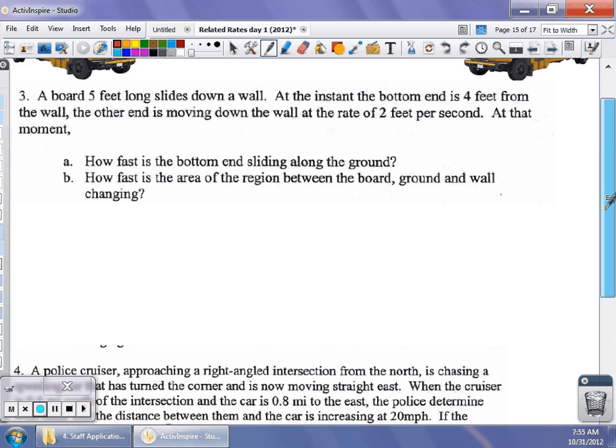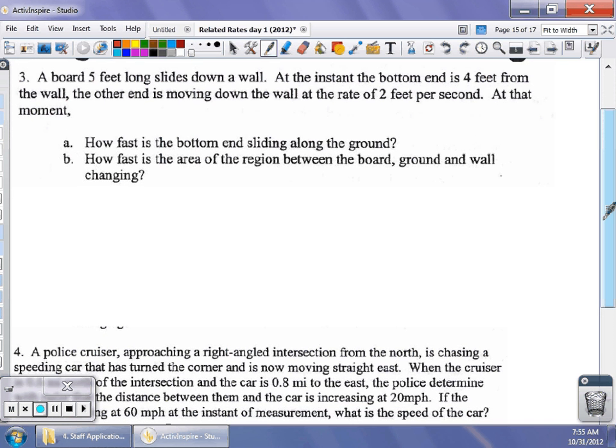All right, let's do one more of these. A board 5 feet long slides down a wall. So we have a wall. We have a board that's sliding down the wall, so that's my board. Let's go ahead and call this x, y, and I'll call this z.